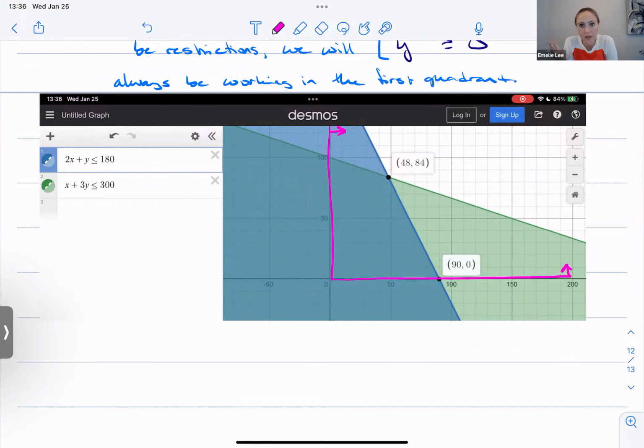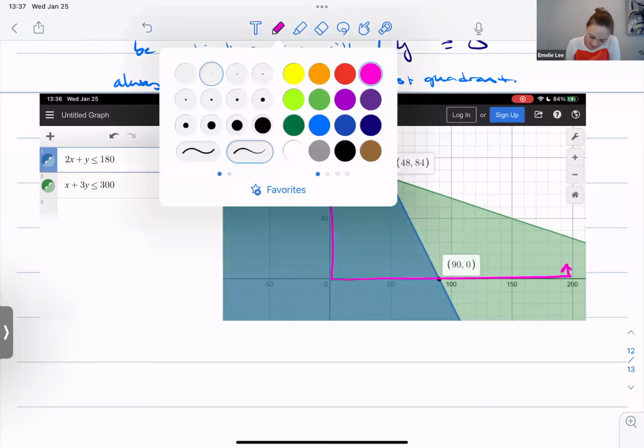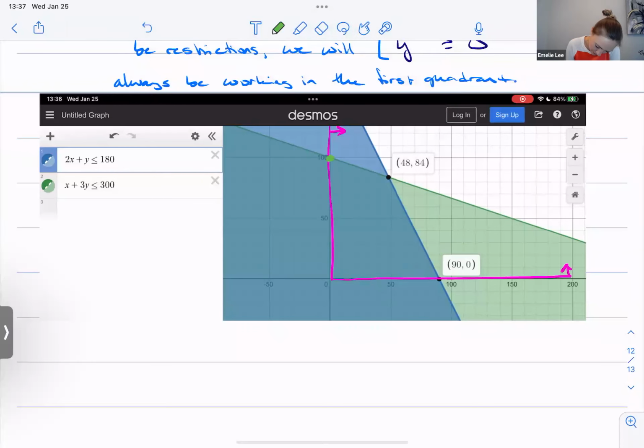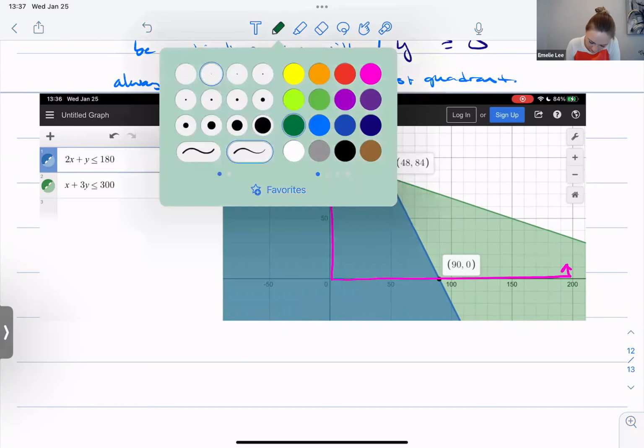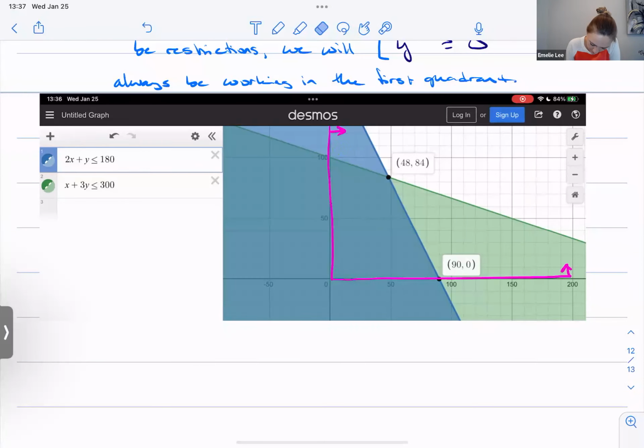So we're remembering that because it just makes it too ugly to look at otherwise. Okay. And this point of intersection was when x is 0, y was 100.